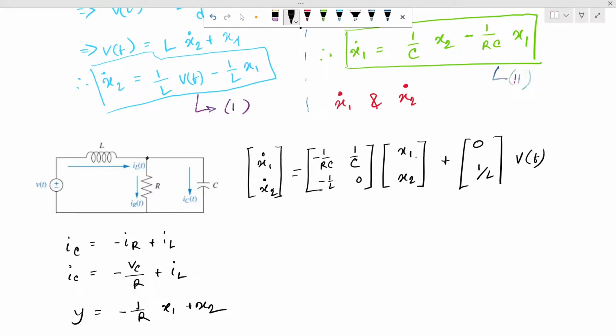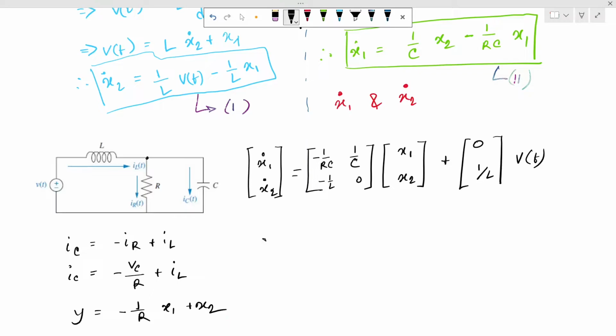So how does this work? If I multiply x1 into minus 1 by RC plus x2 into 1 by C, like this equation 2, we will obtain x1 dash. In the same manner, if I multiply x1 by minus 1 by L and x2 by 0, and also Vt into 1 by L, all this will make x2 dash.